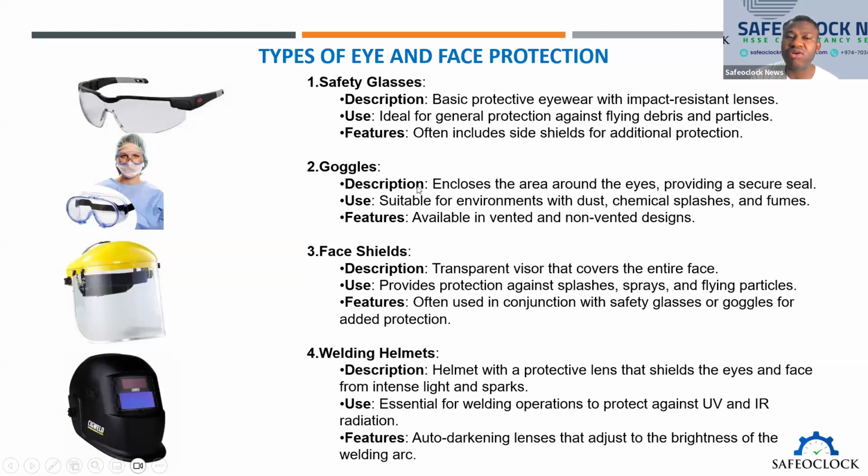The reason is that goggles are enclosed around the eyes, which will prevent any external object or external dust from coming inside the eye. So this will give adequate protection.